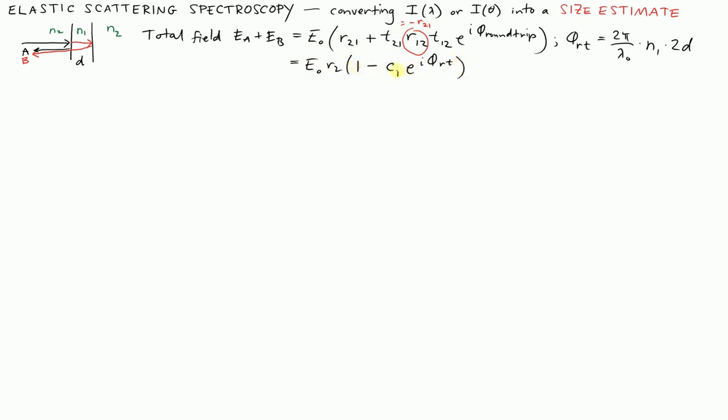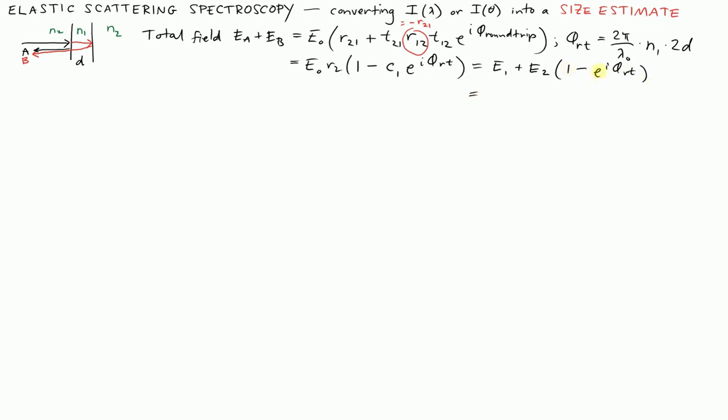So you can already see that this 1 minus something e to the i phi is probably going to give us a sine term. And let me just quickly make that happen for us. I can even rewrite this expression here as some E1, that's just the constant amount without a phase term, plus an E2, which is 1 minus e to the i phi round trip.